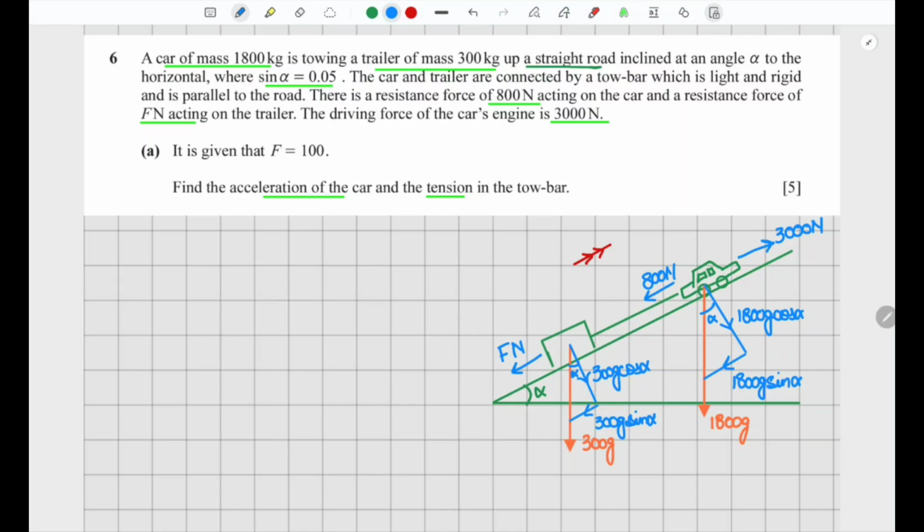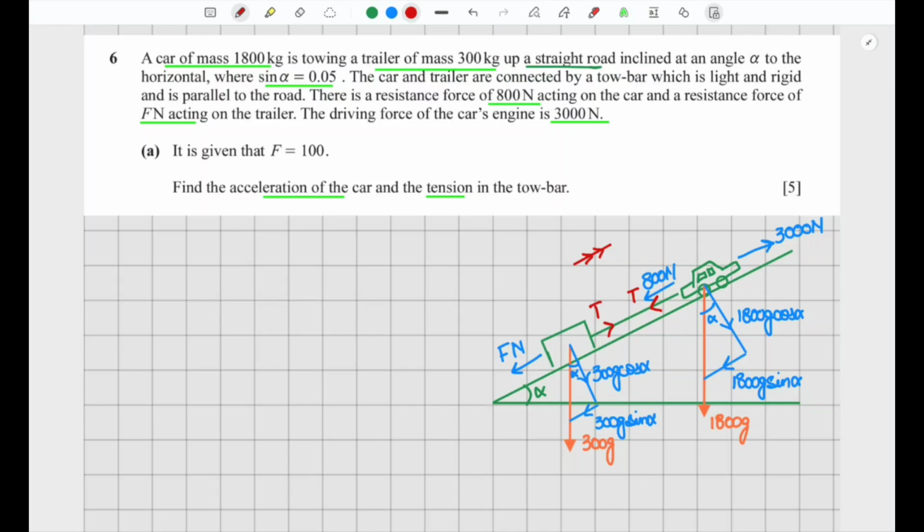Any other force? Yeah, one more thing that should be written: the tension in the tow bar, away from the car and away from the trailer. This would be all of the forces.